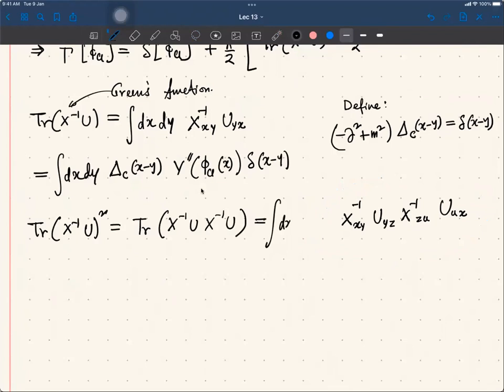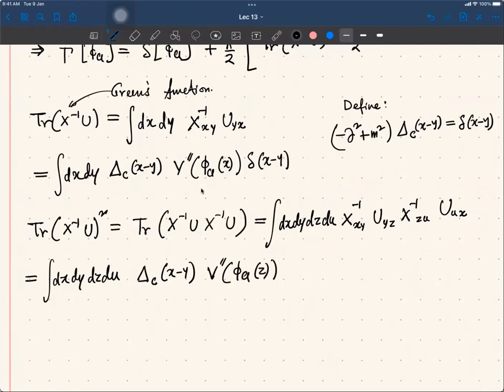So that is the integral dx dy dz du delta_c(x minus y) V double prime phi_cl(z) delta(y minus z), that is U(y,z), then delta_c(z minus u), and V double prime phi_cl(x) delta(u minus x).